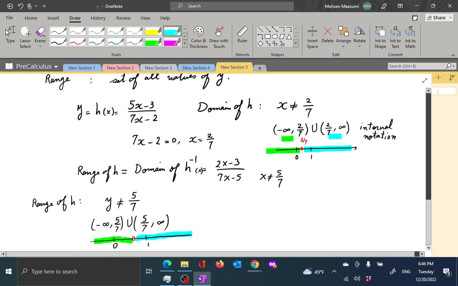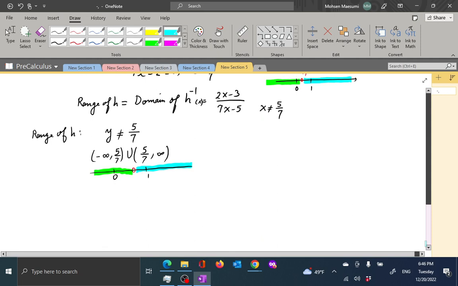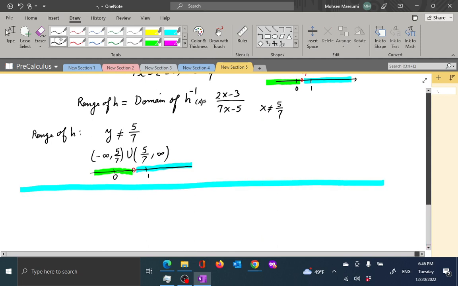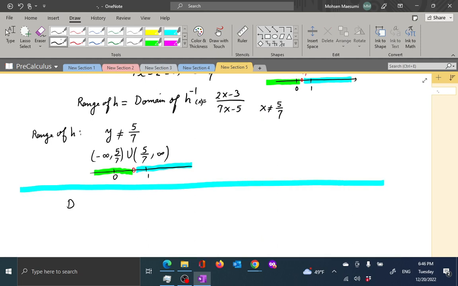We described the domain and range of H. What's the domain of H inverse? What was H inverse? Let's remind ourselves again. H inverse was the equation that we wrote here, 2x minus 3 over 7x minus 5. The domain of this will be all x's other than the x that makes the denominator 0. So 5/7 is out.